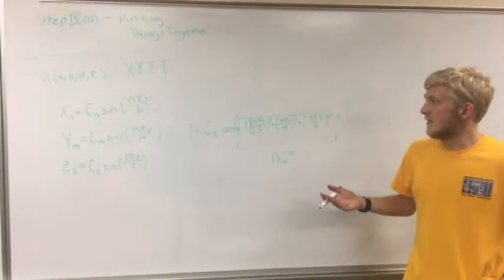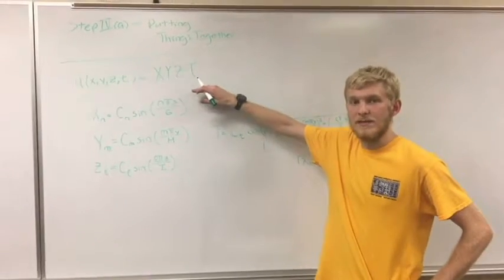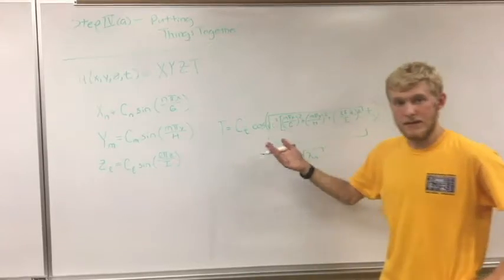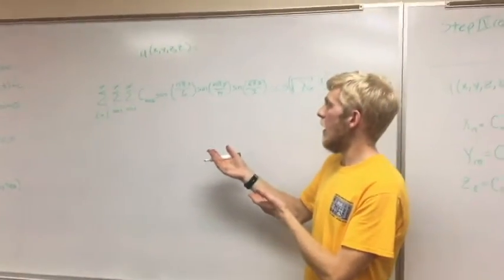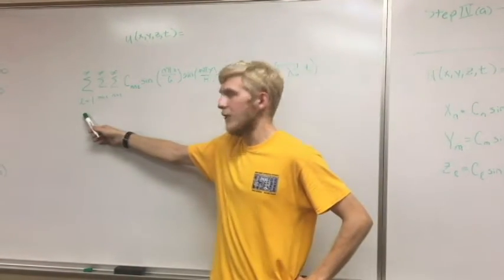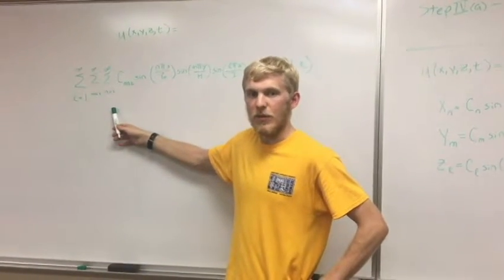From before, we see that we were trying to find our equation of u in terms of x, y, z, and t, which we've found as X_n, Y_m, Z_l, and T. So now we just come over here, and we plug all of those equations into a triple series: the sum of l equals 1 to infinity, m equals 1 to infinity, and n equals 1 to infinity.